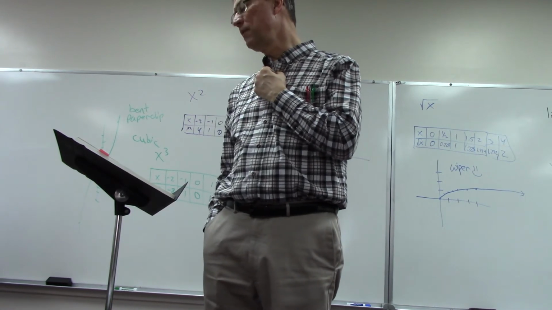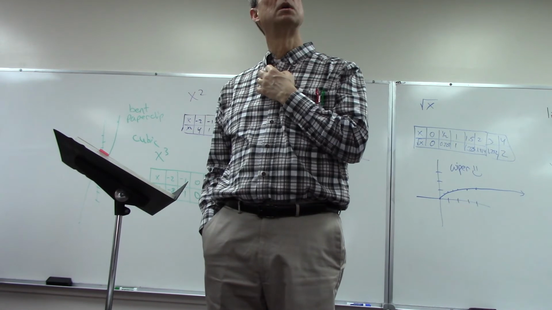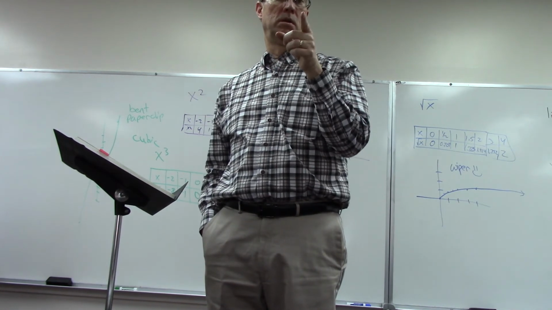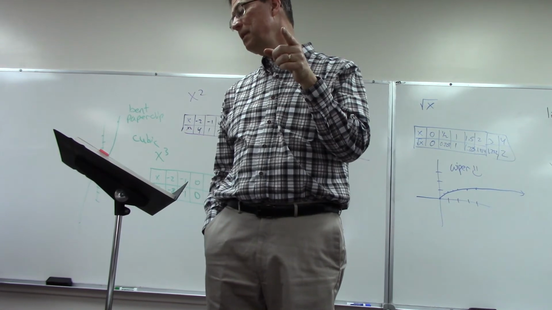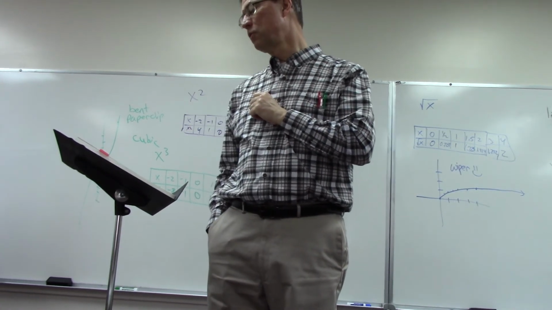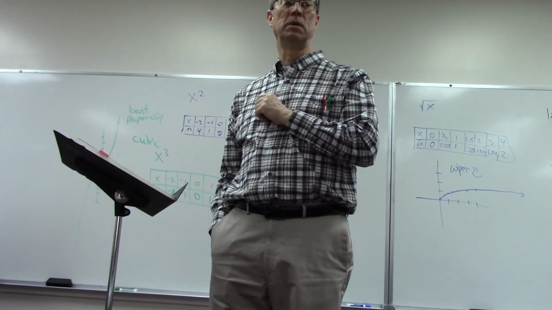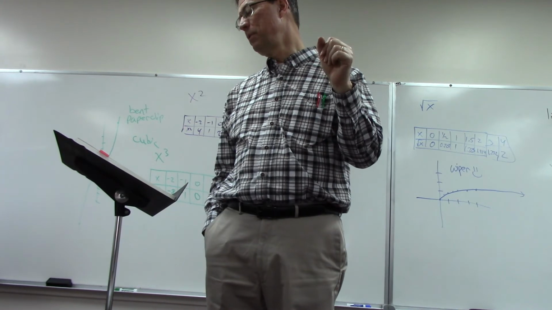All right, let's look at g of x, the square root of x minus 2. So let me see. Okay, absolute value would be C, very good. All right, h of x is negative square root of x. Which one would that be? D. D, good, the wiper.